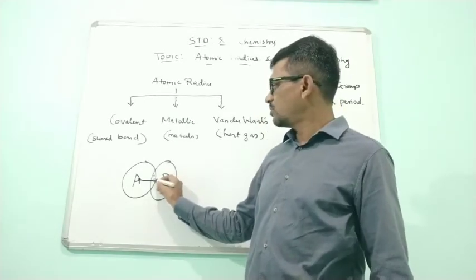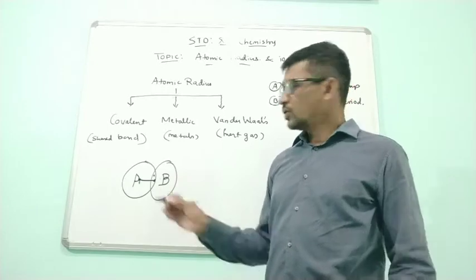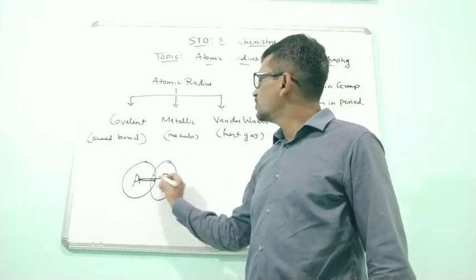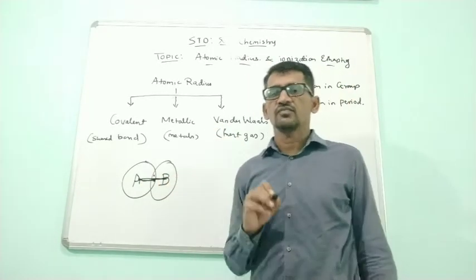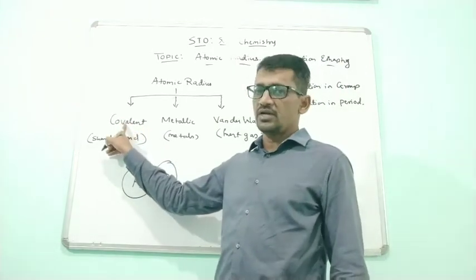You find the distance between the two nuclei and make it half, and that radius is known as covalent radius.